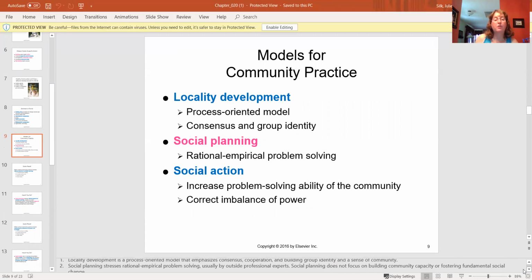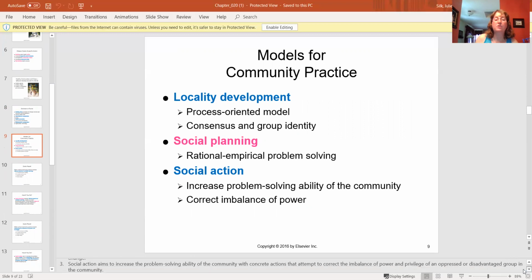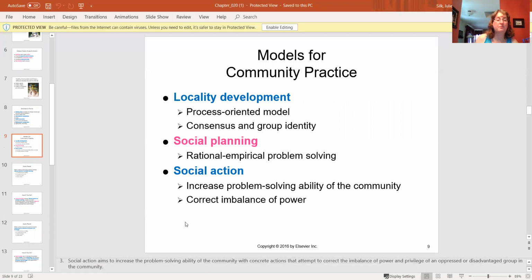Social planning does not focus on building community capacity or fostering fundamental social change. Social action aims to increase the problem-solving ability of the community with concrete actions that attempt to correct the imbalance of power and privilege of an oppressed or disadvantaged group in the community.